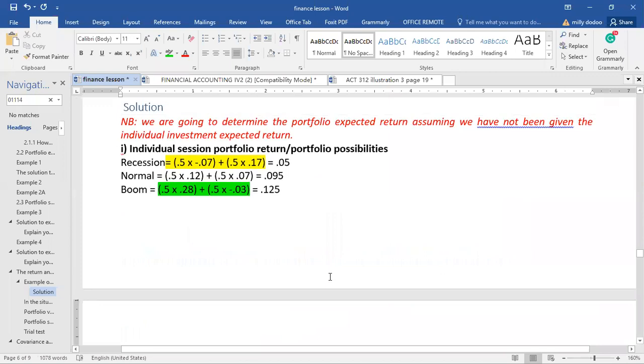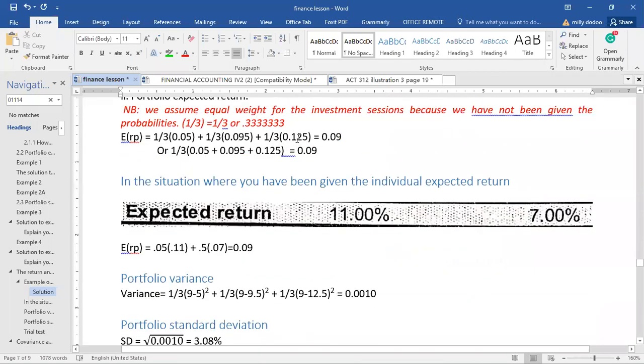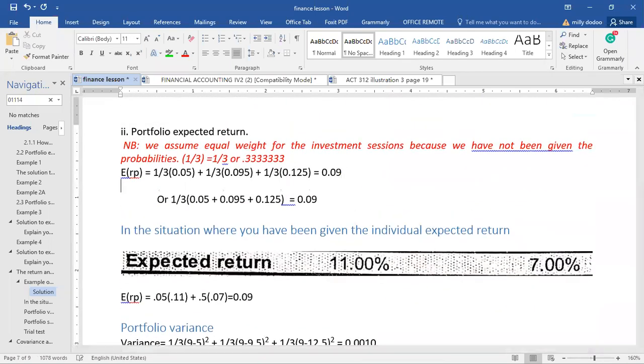So this particular one is what we had over here. And so therefore, when you sum up everything, you should be getting 0.09, or 9%. So your answer you should be getting is 9%.